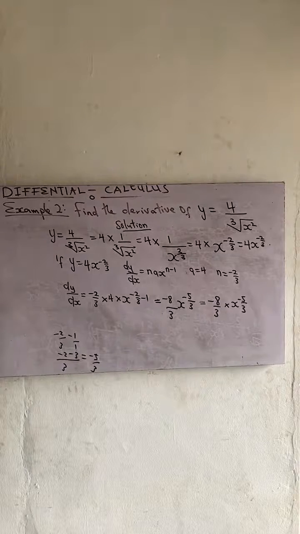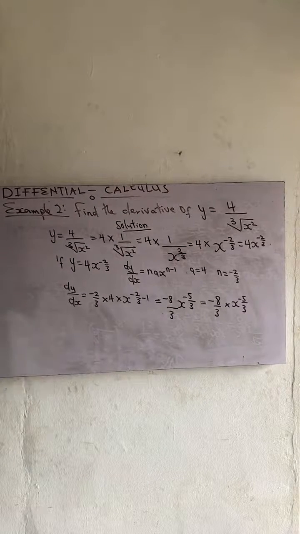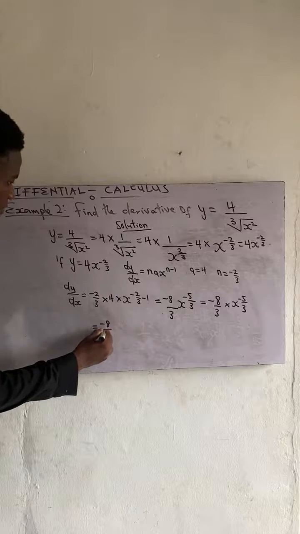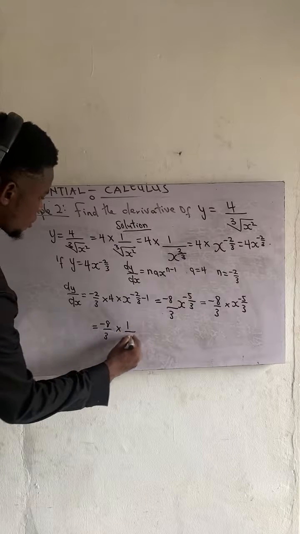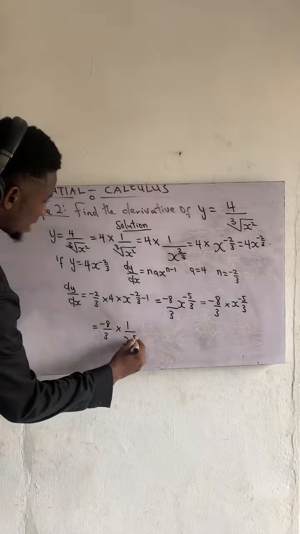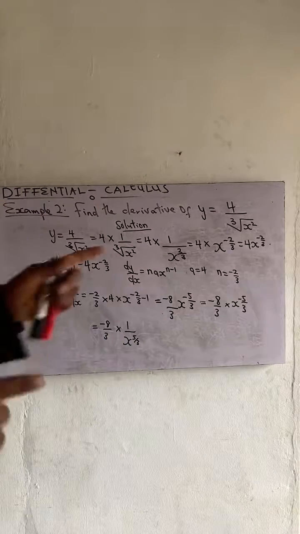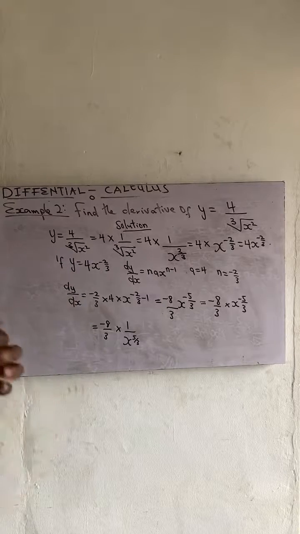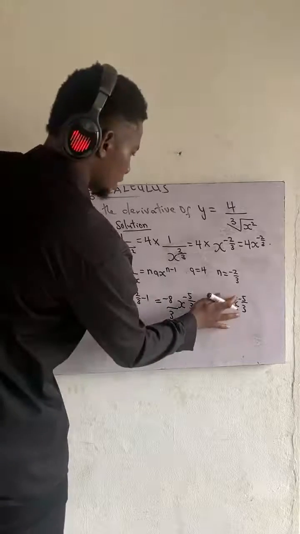Then this can further be expressed as minus 8 over 3 times 1 over x raised to power 5 over 3. We are still using the same rule of indices that I just taught you. So that is that.